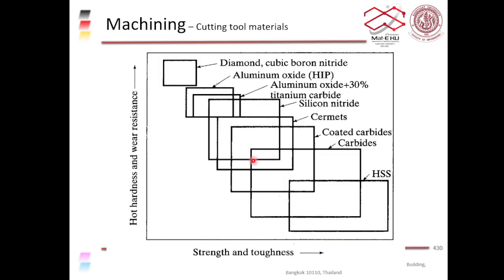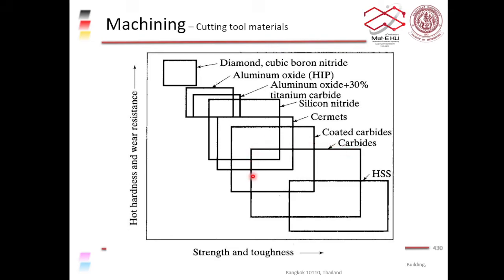Okay, so this is the list of material that I showed you earlier. You can see that high-speed steel has good strength and toughness, but not very good hot hardness and wear resistance. And the carbide particle has better property in terms of hot hardness and wear resistance compared to high-speed steel. Even though it doesn't have the same strength as the steel, it's more brittle as well.